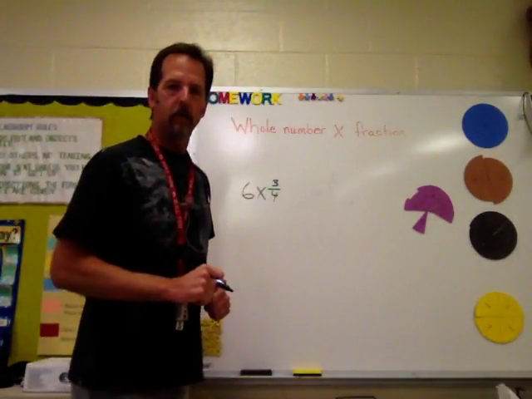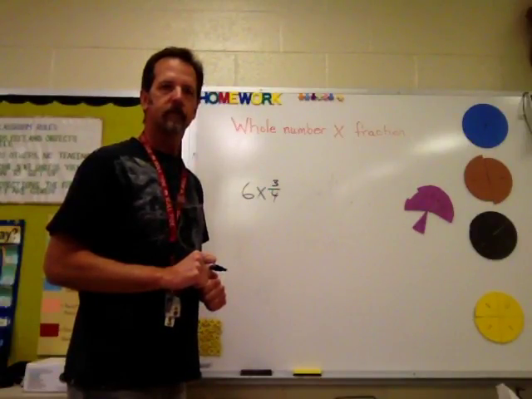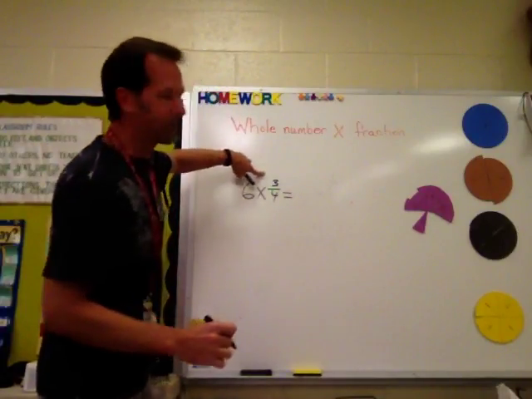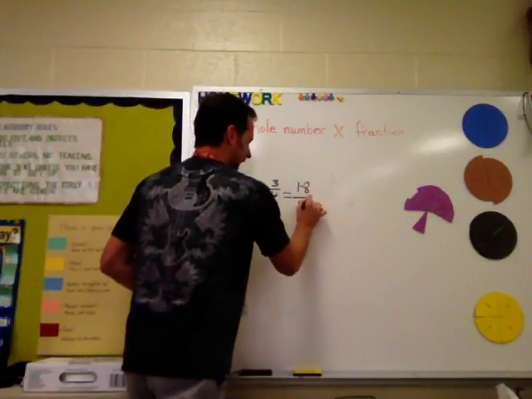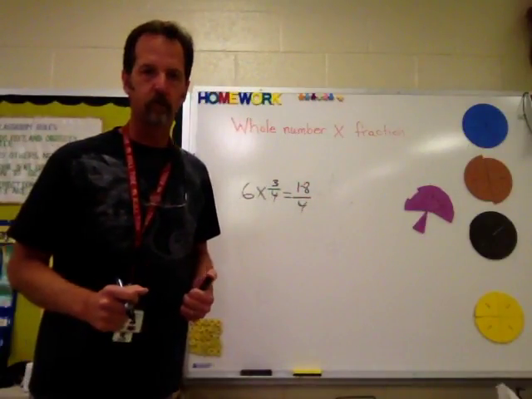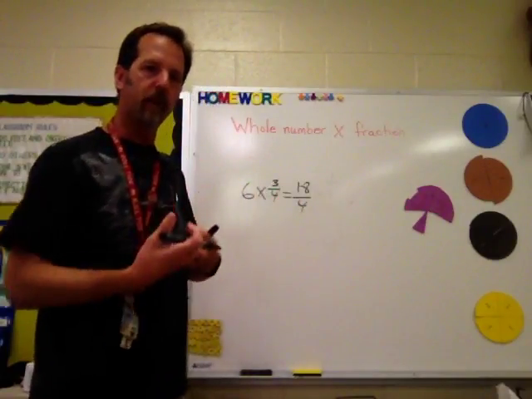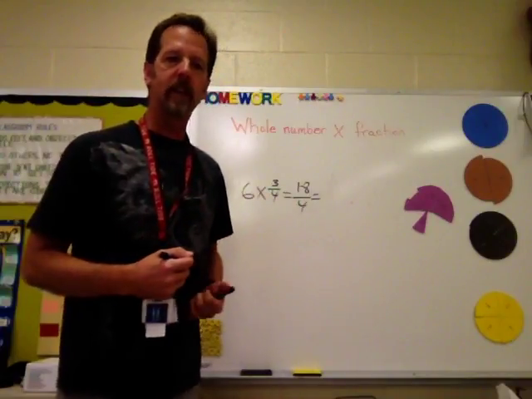Go ahead and multiply it. I'll wait. What'd you get? Hopefully you did 6 times 3, got 18, and your denominator is 4. Now, we can't leave that. That's an improper fraction. So we're going to take 4s from 18. How many times can we take 4 from 18?